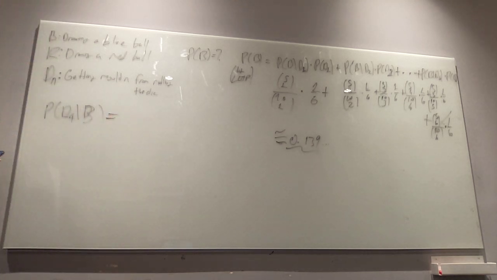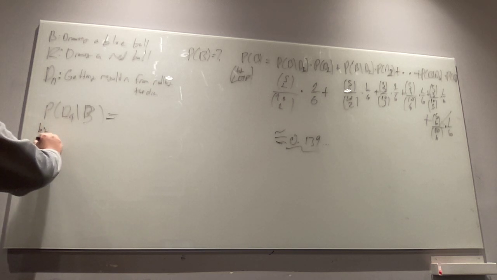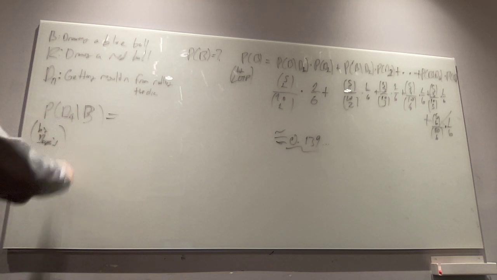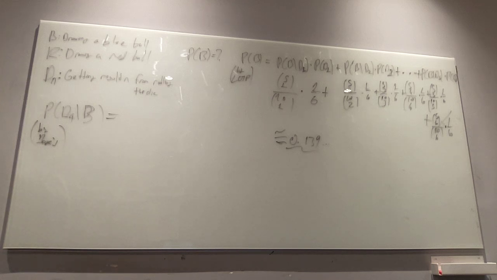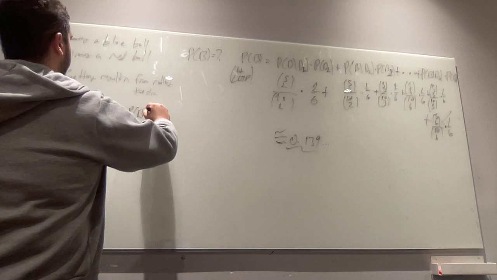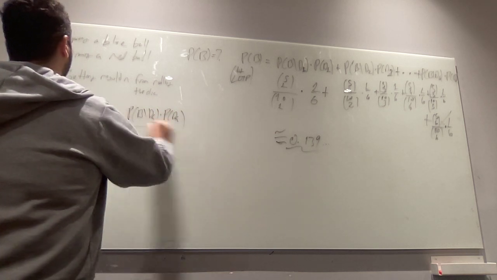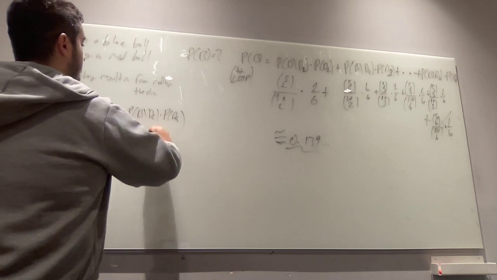It's equal to, by Bayes, probability B given D4 times probability D4 over probability B.